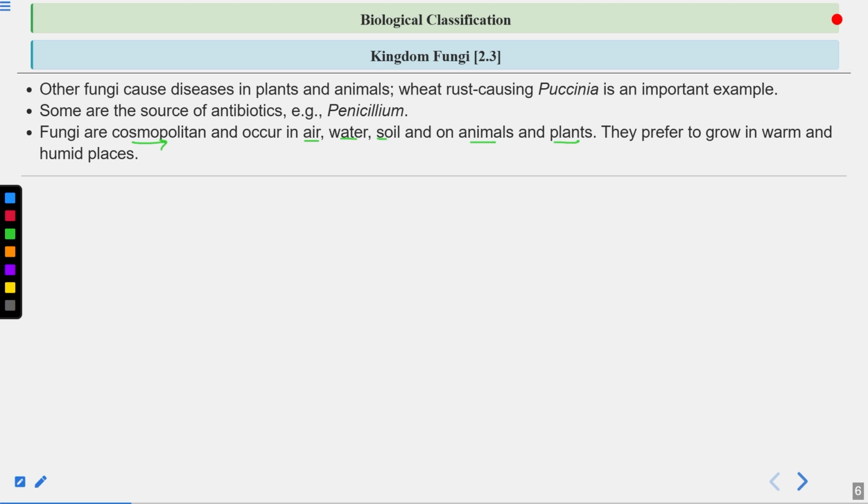Now, what are the optimum conditions for the growth of the fungus? So they grow in warm and humid places. Okay, you must be knowing about the bread mold. What is the name of the bread mold? Rhizopus. You should remember this. Okay, questions can come from here. What are the common names of the fungus? Like Rhizopus is called bread mold.